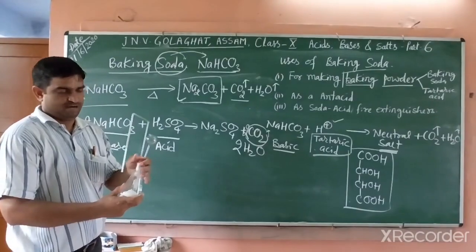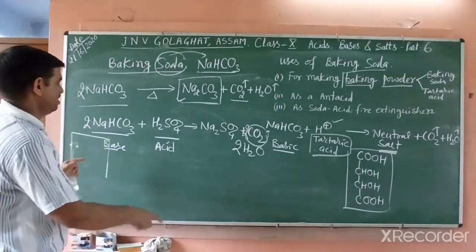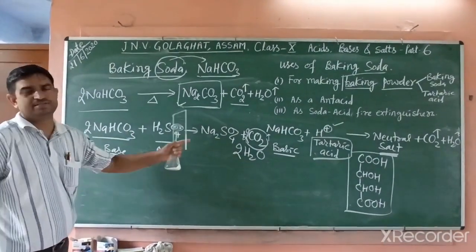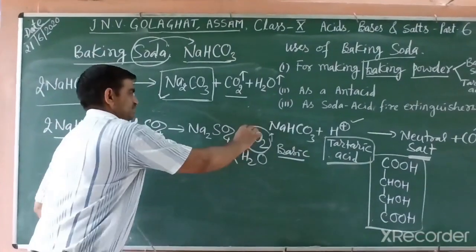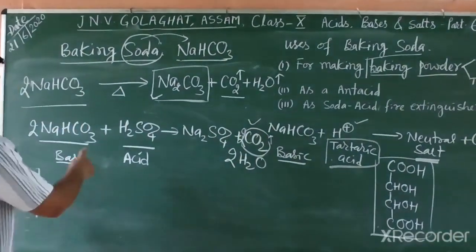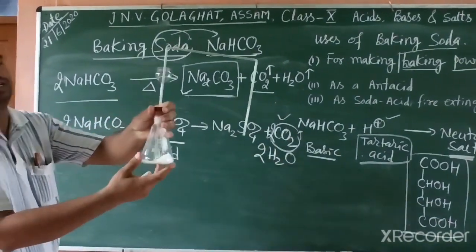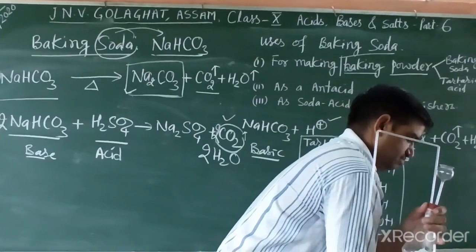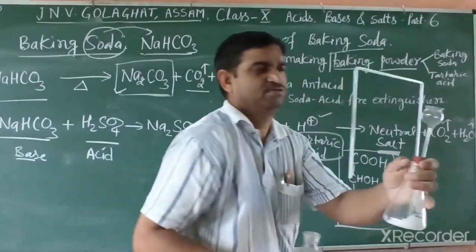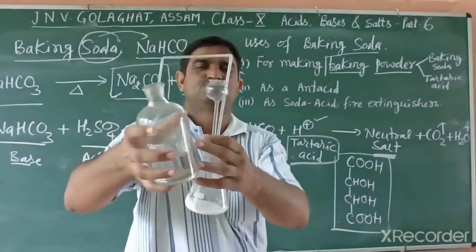We want to confirm that the gas released in the soda acid fire extinguisher is carbon dioxide. How can we confirm it? We take baking soda in this conical flask and mix in dilute sulfuric acid.